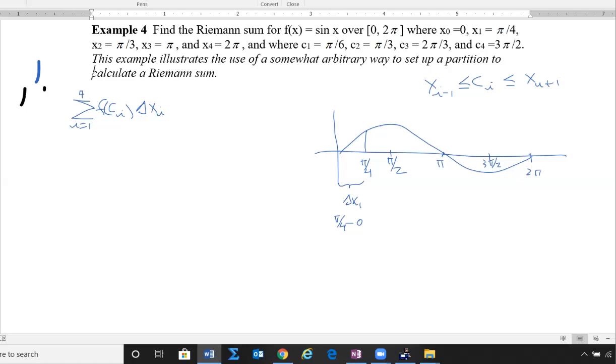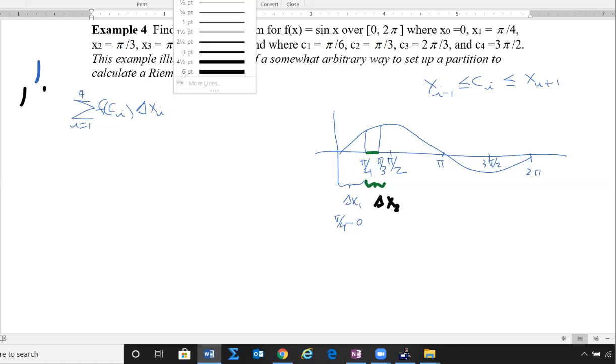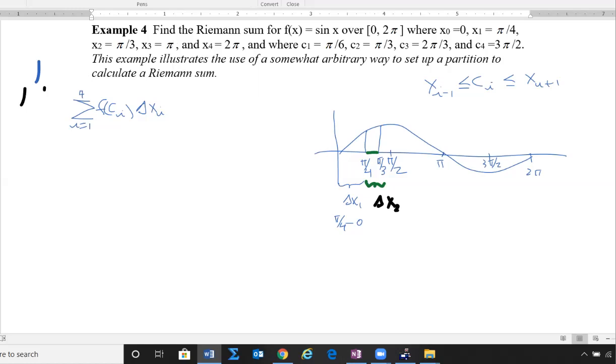So that is about in here. That distance is our delta x sub 2, and that would be pi over 3 minus pi over 4.